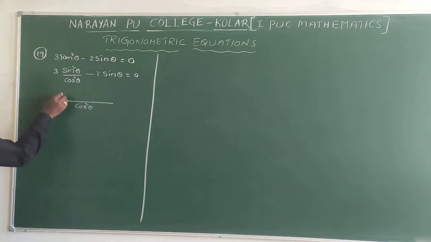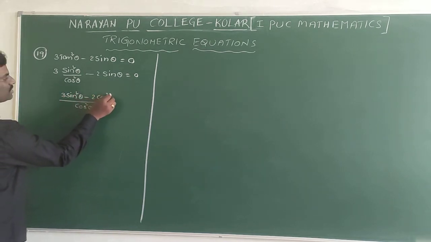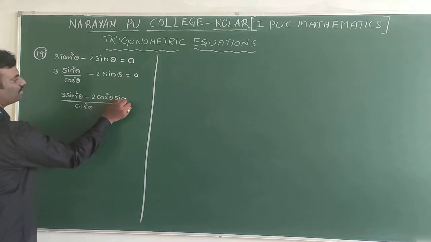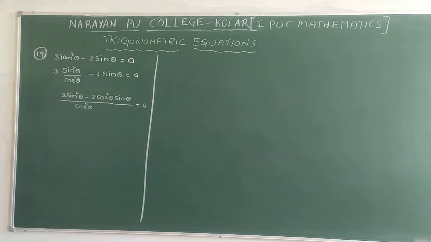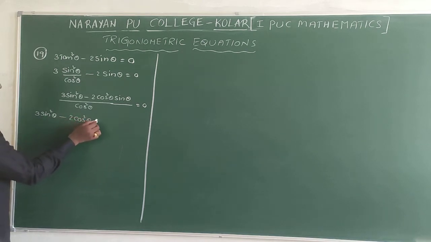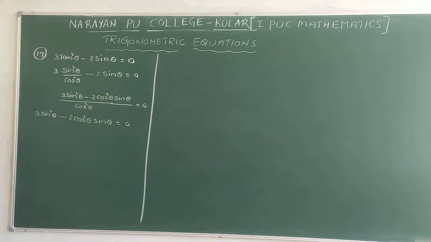Now what is remaining? 3 sin square theta minus 2 cos square theta into sin theta is equal to 0.